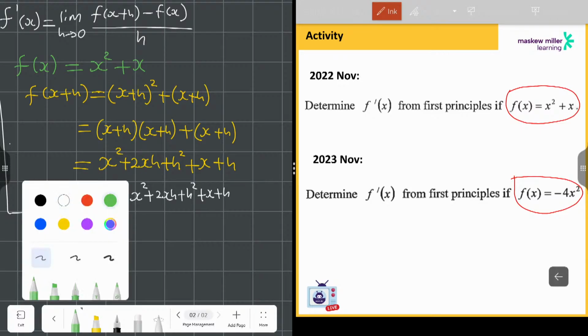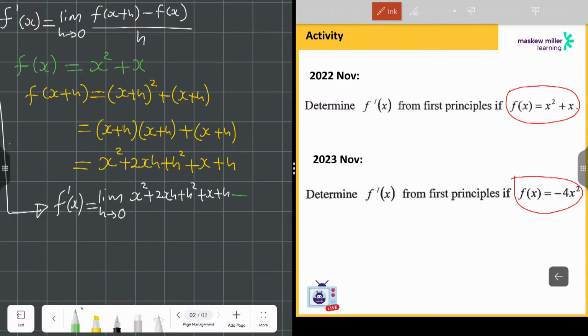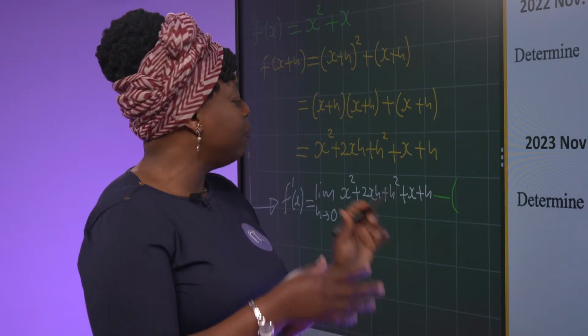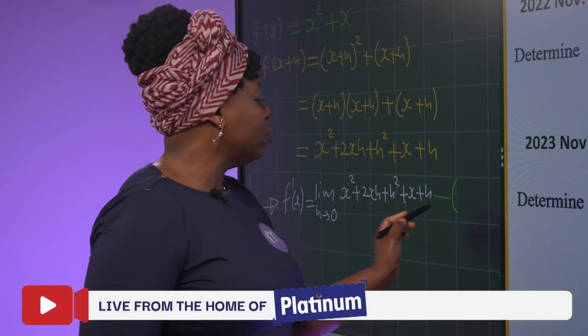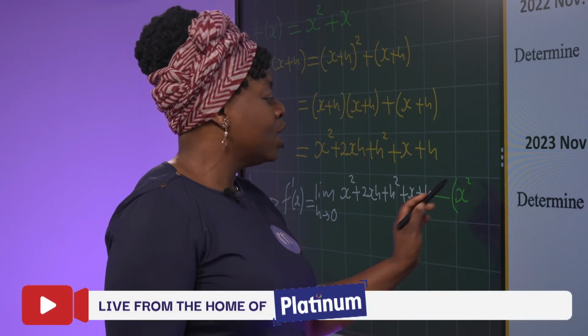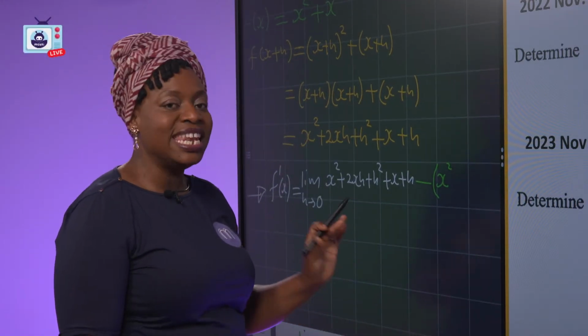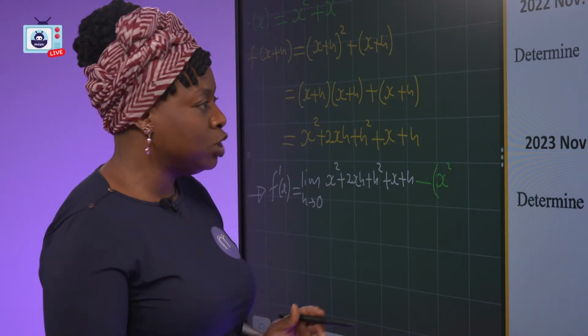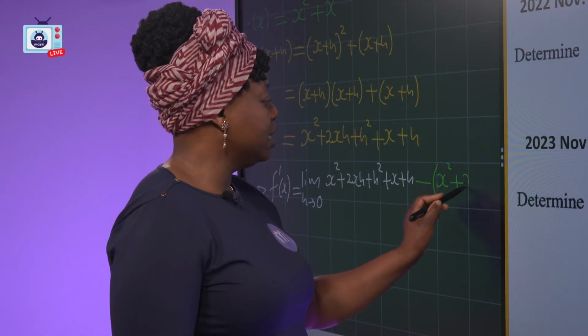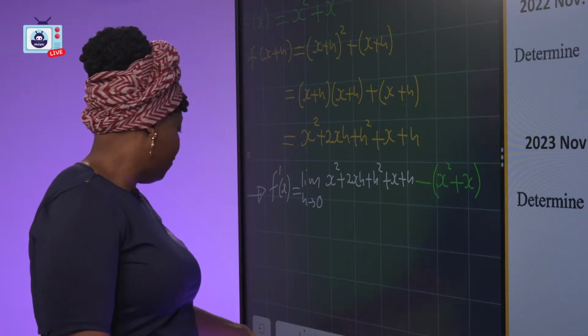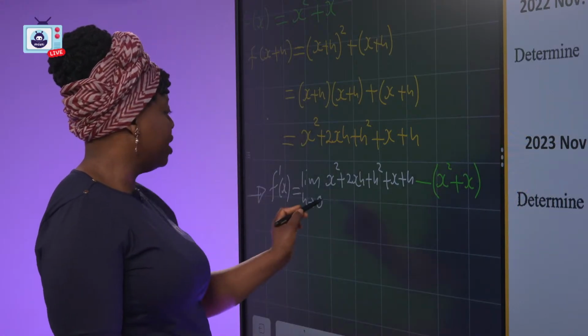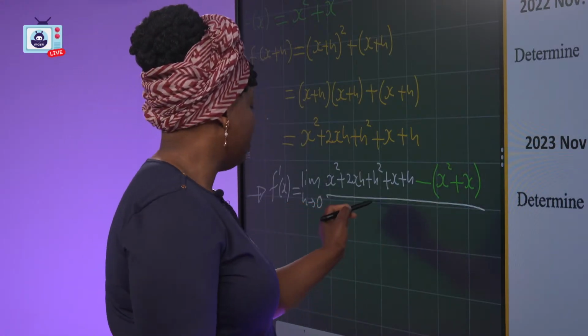Remember, there is a minus that is coming with the formula. So we have to put that minus, and then we put everything inside the bracket. Provided you have any other value, you have to try and put the bracket so that whenever they give you a value or a function with a negative, you'll be able to remember to multiply. So let's put it in there, and then we divide by h, as it's all divided by h.